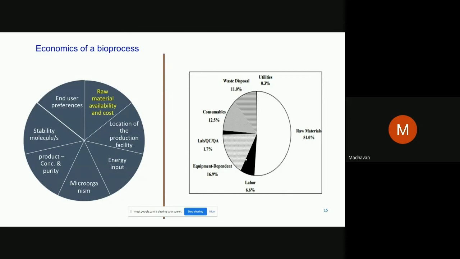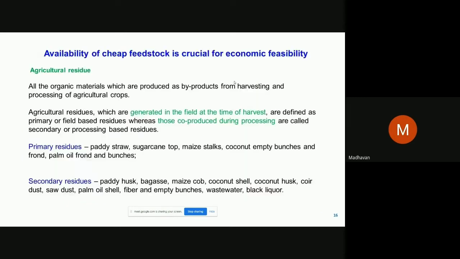And you see labor 6.6%, equipment in general around 60 to 17%, and then lab expenditure 2%, consumables, waste disposal. So these are all the parameters you have to consider when you go for any bioprocess, or the scale up for a commercial purpose.